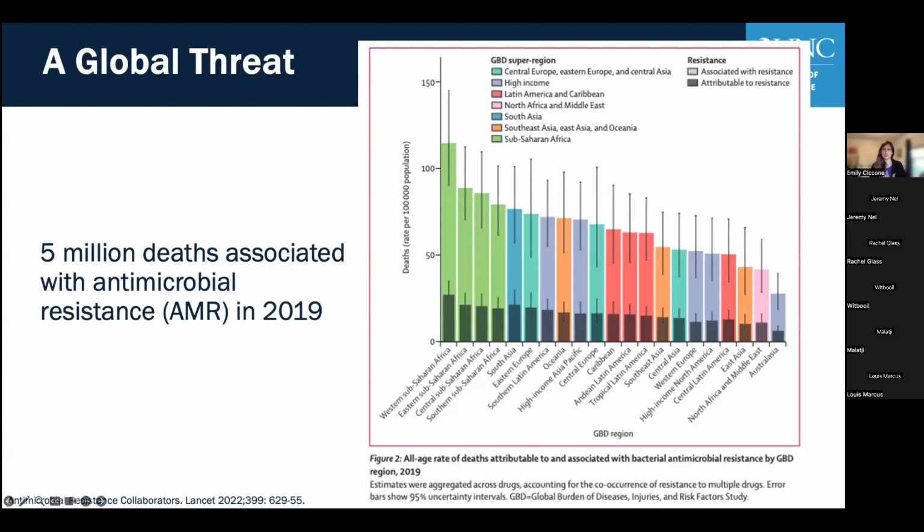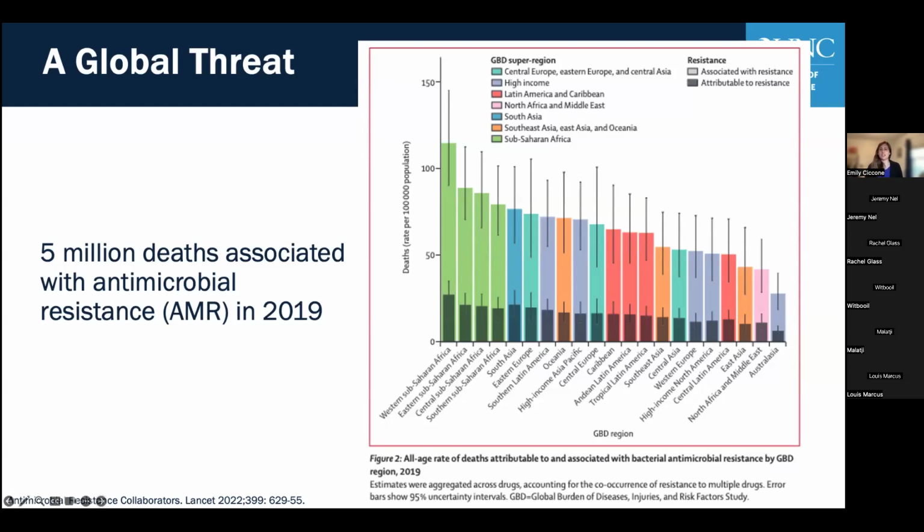Obviously, this is something that we all know very well. Antimicrobial resistance is a significant and growing problem. There was this recent review in The Lancet that tried to estimate the global mortality associated with antimicrobial resistance. And they looked at it in two different ways. One was deaths attributable to AMR, and they considered a counterfactual where infections with resistant pathogens were replaced with susceptible pathogens.